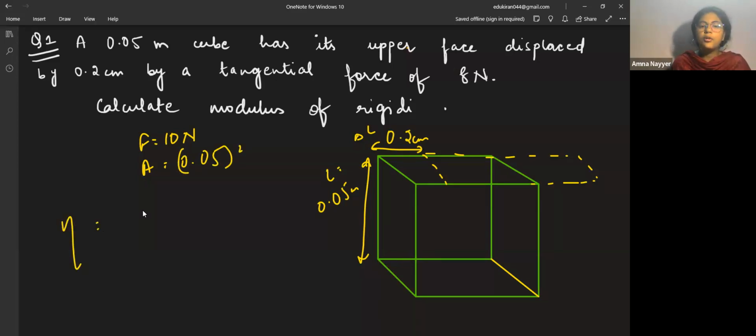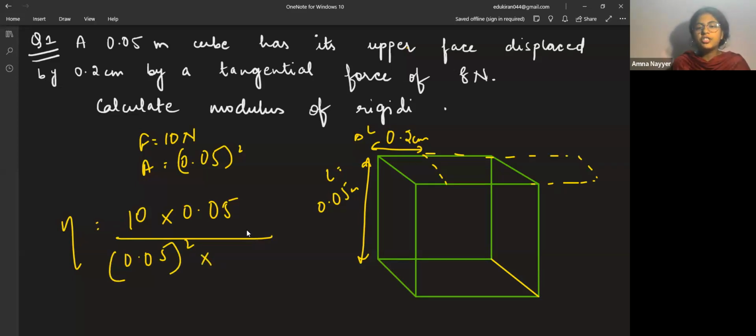So eta is force 10 into original length 0.05 divided by area 0.05 whole square into change in length 0.2 into 10 to the power minus 2. See, this bracket will be cancelled. 5 into 2 is 10, then again 10 is left.